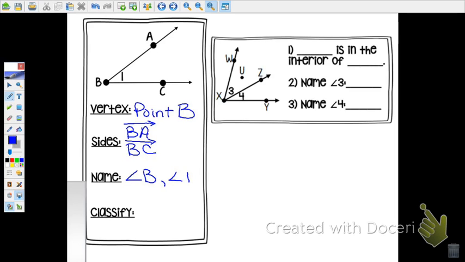The other option is to use 3 letters. When you use the 3 letters, it's just like you are tracing the angle, which means that the vertex is going to be in the middle. So I could trace it and name it angle ABC, or I could go the other direction and name it angle CBA.